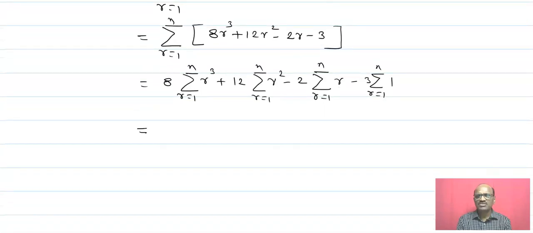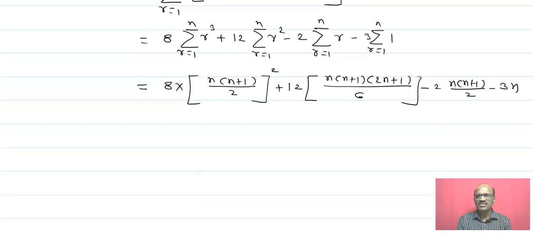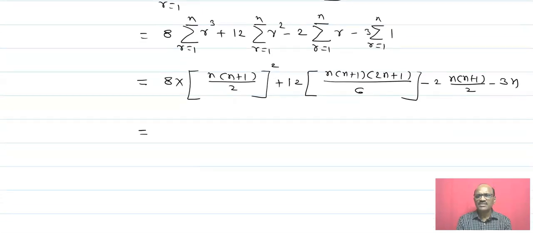Summation of the constant, that is 8 into summation r cube, that is n into n plus 1 upon 2 whole bracket square, plus 12 into n into n plus 1 into 2n plus 1 upon 6 bracket complete, minus 2 into n into n plus 1 upon 2, and the summation of the 1 is n.